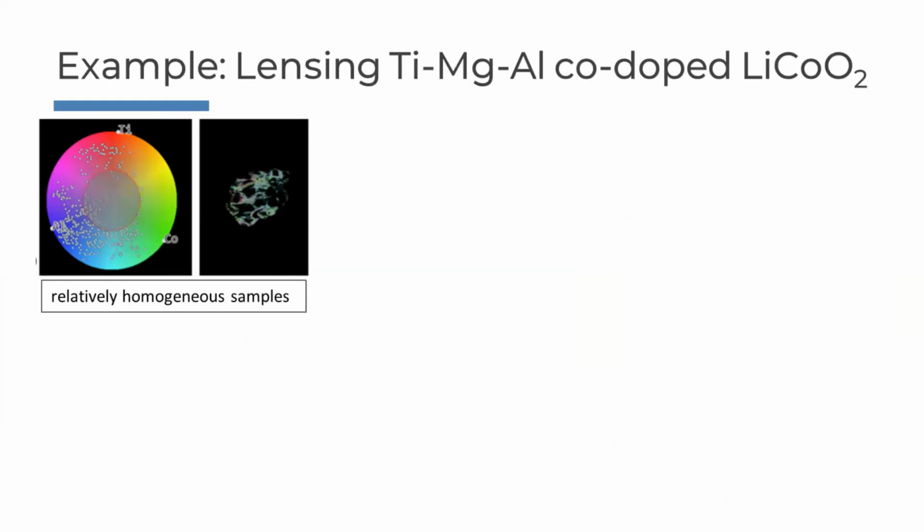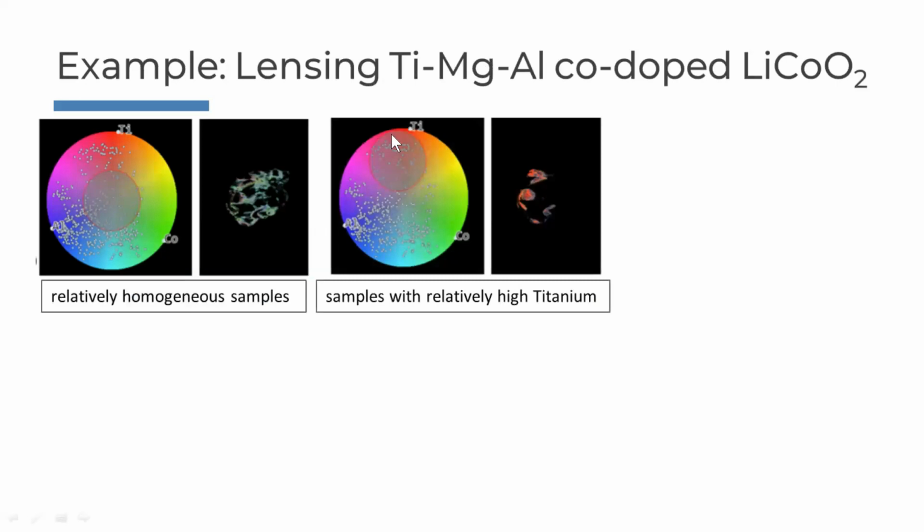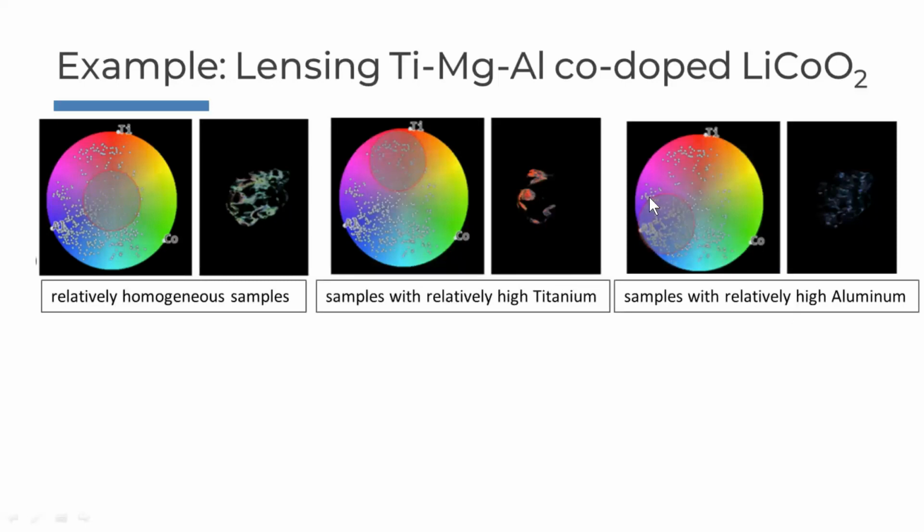All of them are sort of expressed in the same magnitude, right? And here is one that is relatively high on titanium, as you can see where the titanium hangs out. This is the one where there's a lot of aluminum, right? Here's the lens at the aluminum coordinate, right? So now you see the aluminum where it is. It's in a different place.